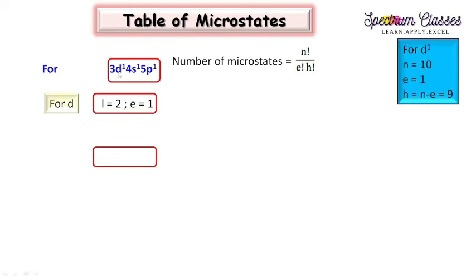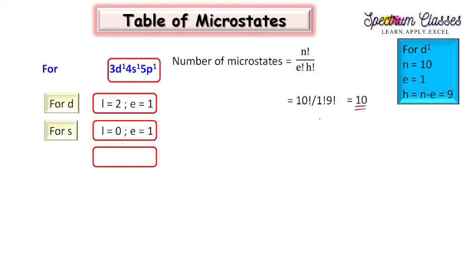So let's start with the d1. For d1, it has maximum occupancy 10 and 1 electron is present. So 1 electron, number of holes are 9. On calculating this, 10 factorial will be calculated as 10 into 9 factorial, and that will be cancelled out by this 9 factorial. Only then will we get the value. For the s orbital, we are having maximum occupancy 2, number of electrons present is 1, right? And number of holes present is 1.